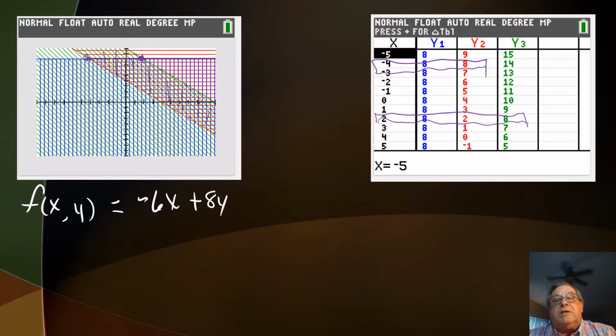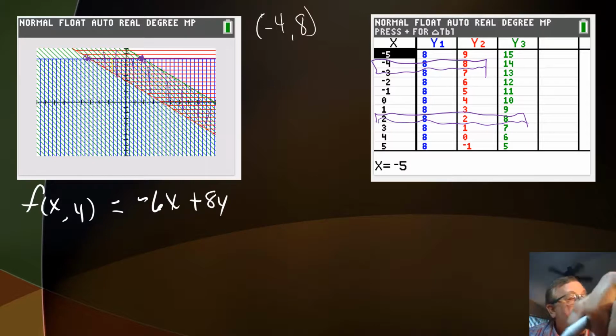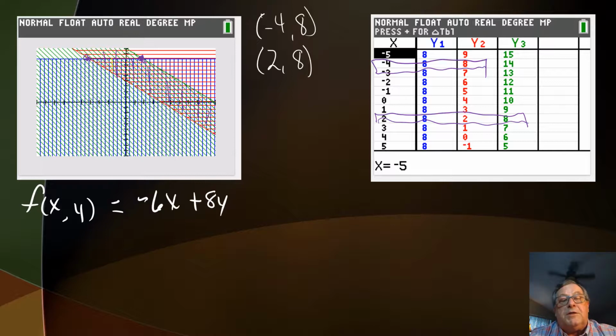So I've got vertices at negative 4, 8 and another one at 2, 8, and we're going to plug those x and y values into this function, which is negative 6x plus 8y. All right, so let's see.